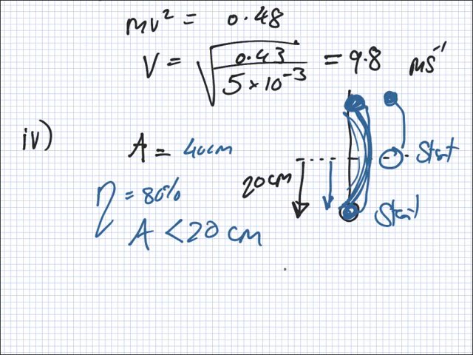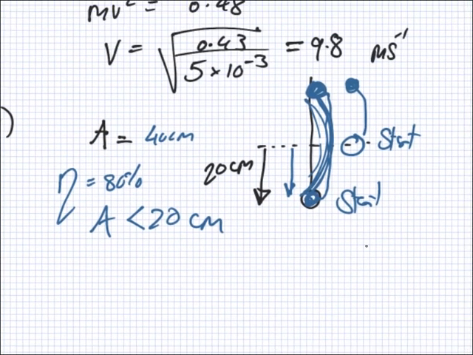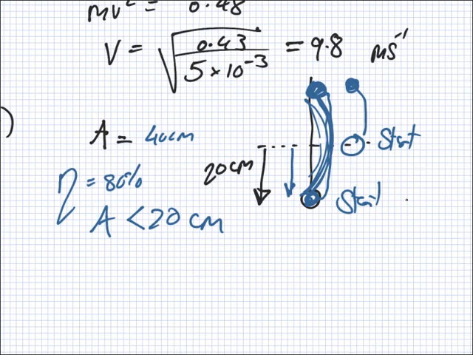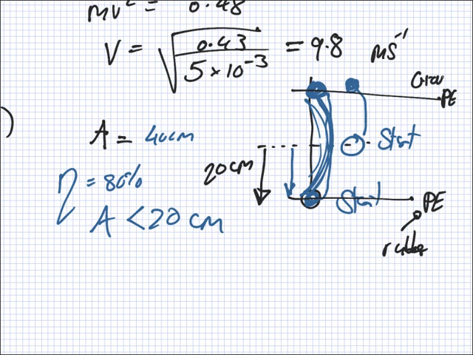So, you're absolutely right. The marking scheme said the best thing to do, if we take this as the starting position, here it has only potential energy, and then up here it has only potential energy, but it's a different type of potential. This is the energy stored in the rubber, whereas this is the energy due to gravity.